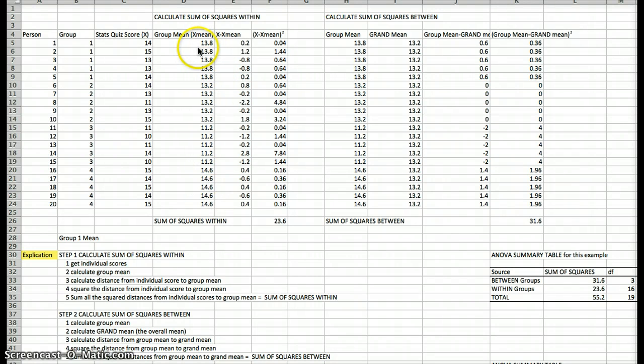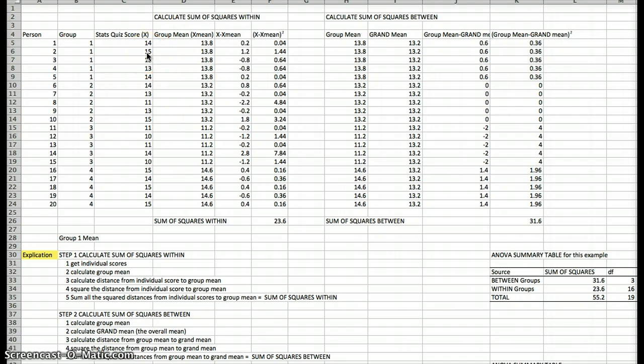Now what we want to do is see how much within each group these people vary around this mean. We want to know, are these people pretty similar in each group, or are they very different? So 14 minus 13.8 is 0.2. So this person with 14 points is 0.2 points above average.